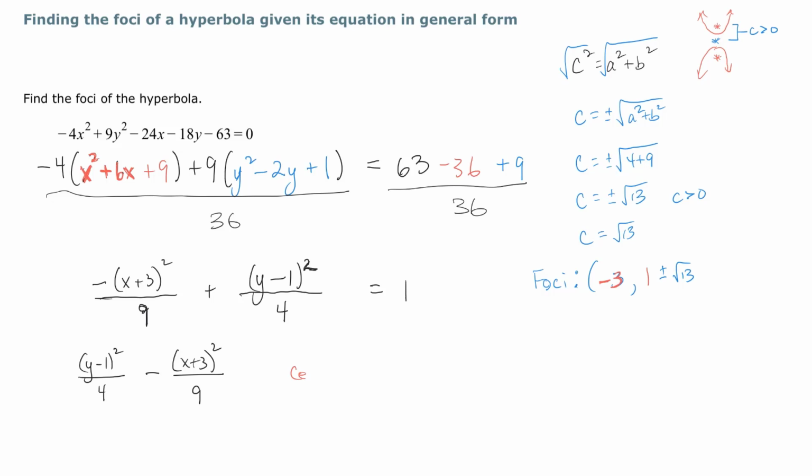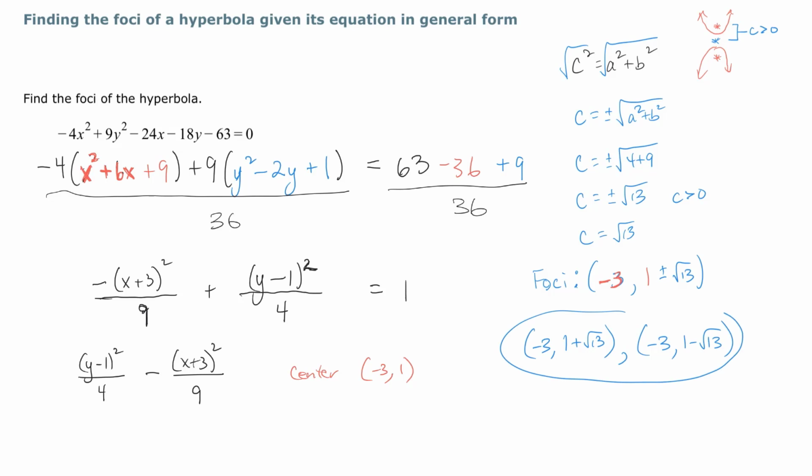The reason for that is because the center is negative 3, 1. Now that's not a good way to write two focus points. Let's write them separately, make them really clear: (-3, 1 plus root 13), and then (-3, 1 minus root 13). There are your foci.